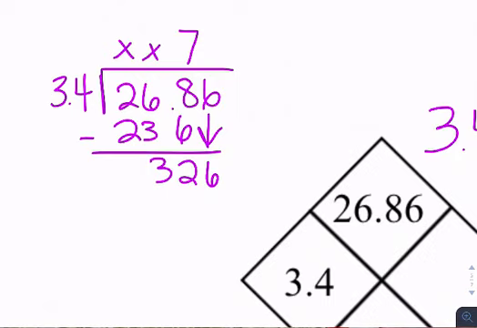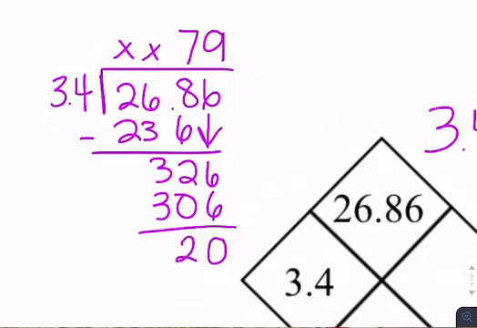Doesn't go into 32, bring down the 6. It goes into 326. 9 times. And that would be 306. So we subtract. We get 20.